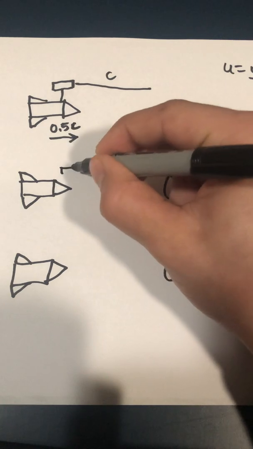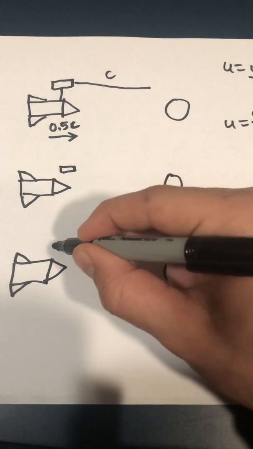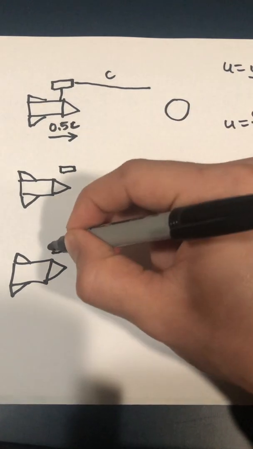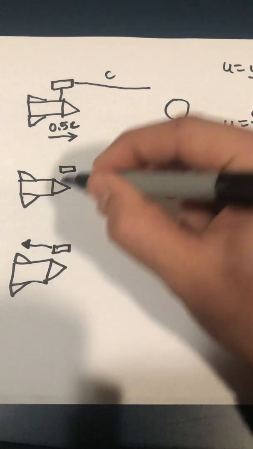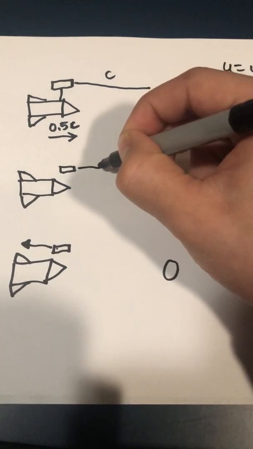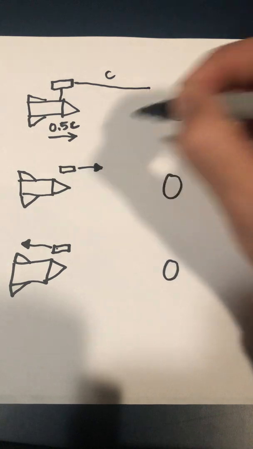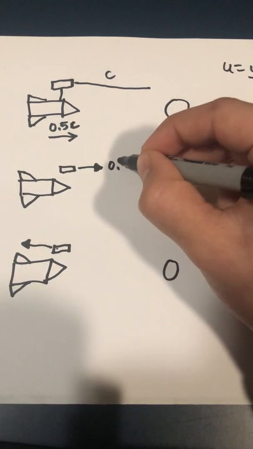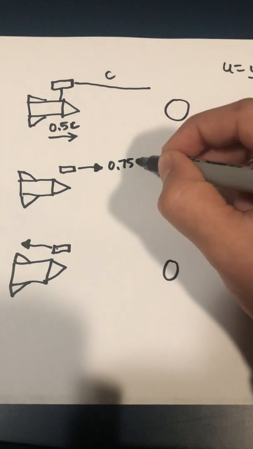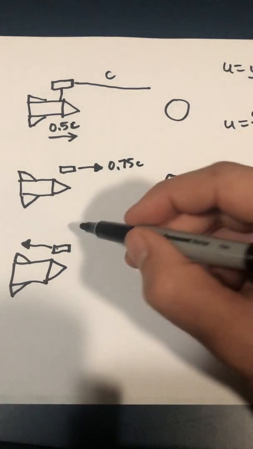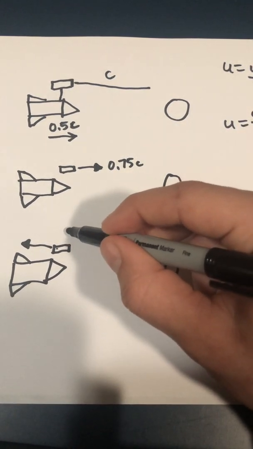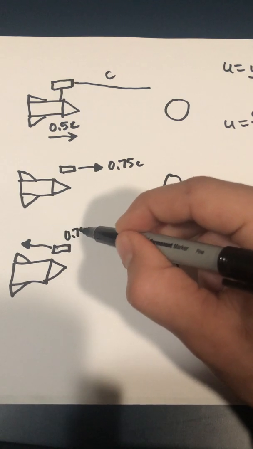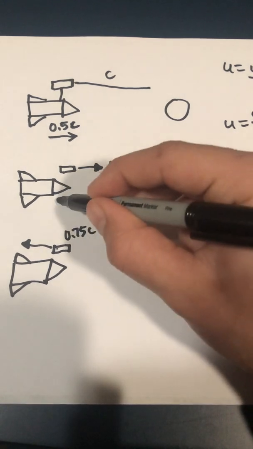There are 2 different rocket ships and they have canisters that they will eject. One will go away and one will go towards Earth. So the first one, we'll say it approaches towards Earth at 0.75 times the speed of light. And this other one will go away at 0.75 times the speed of light.